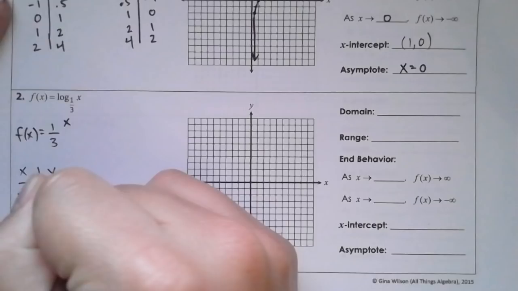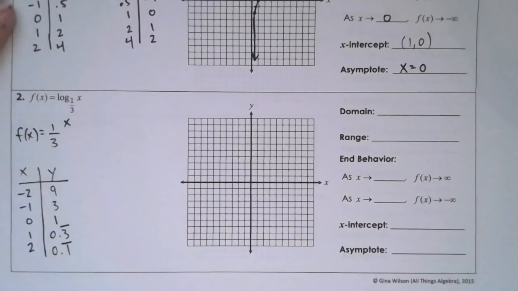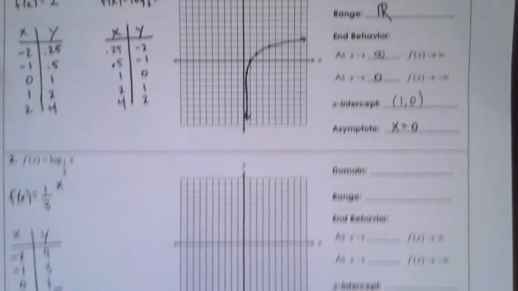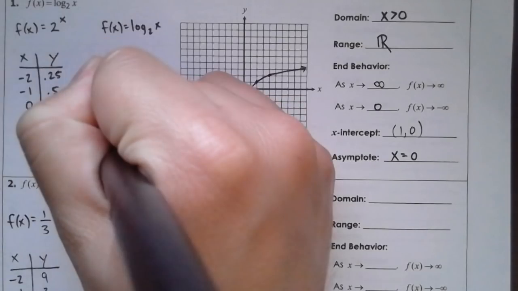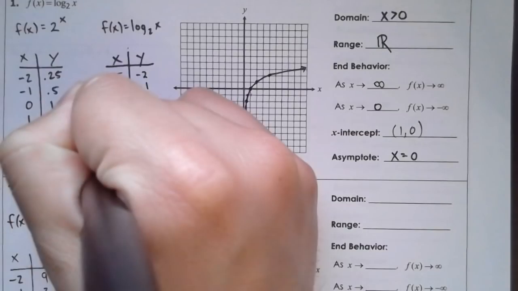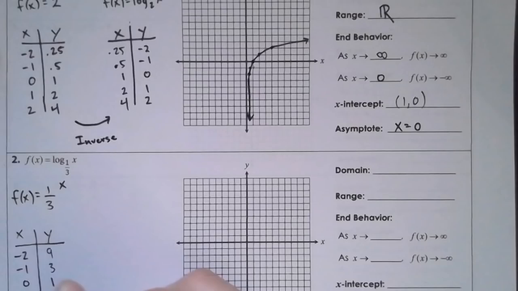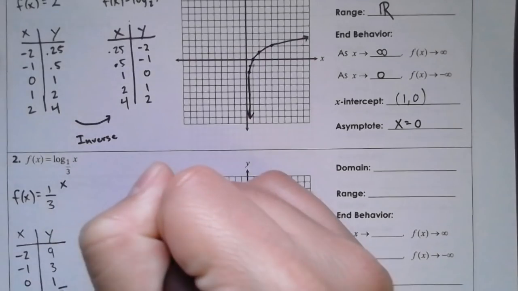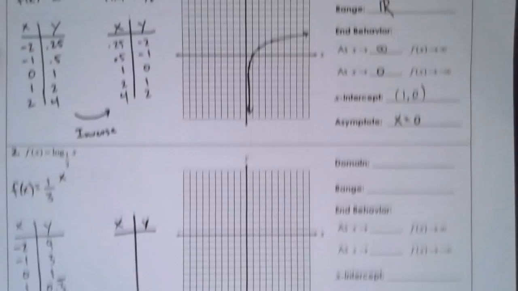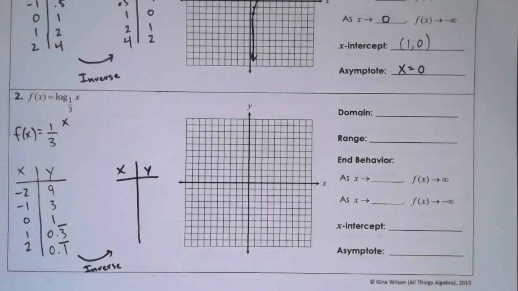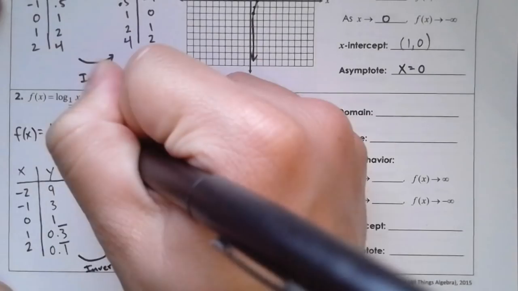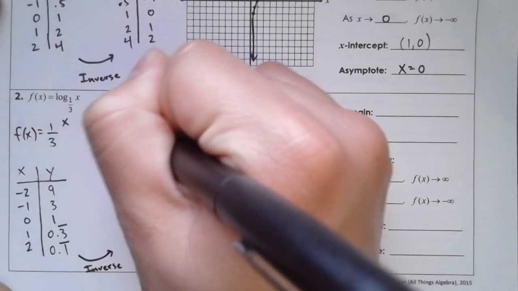So inverse, right? And maybe we can add arrows just to denote that we're taking the inverse, switching my x's and y's. Okay. So then my inverse here would be to switch my x and y values, and this would be the log base 1/3 of x.